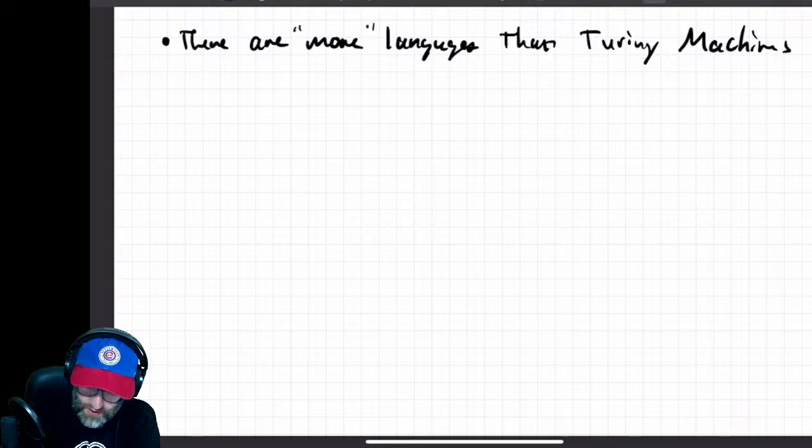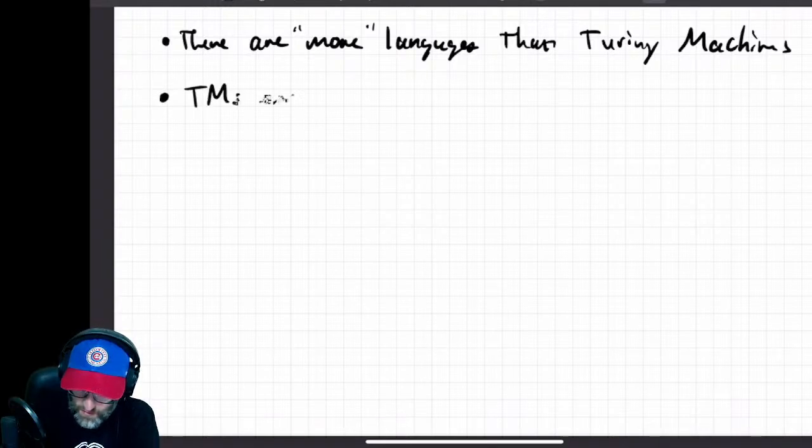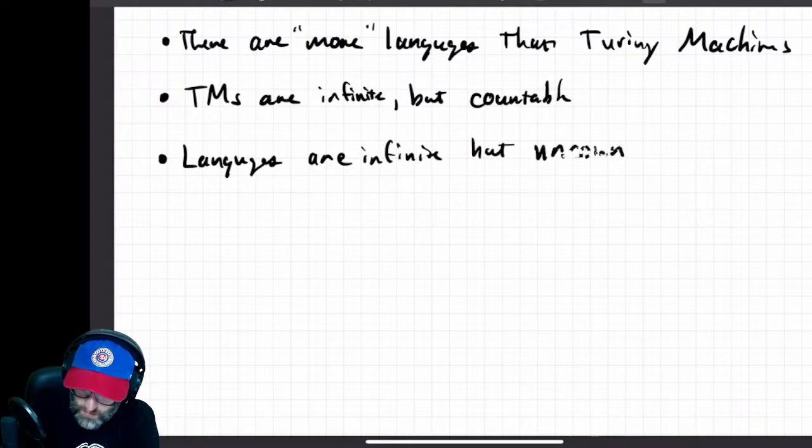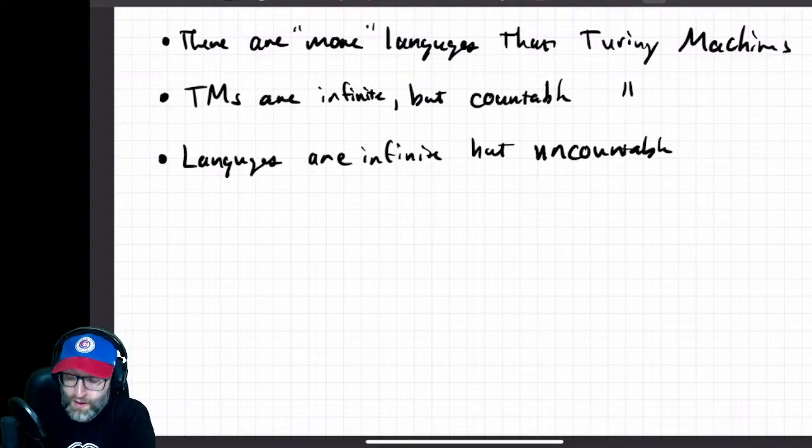The way that I'm going to show this is that Turing machines are an infinite number, but countable. Languages are infinite, but uncountable. So just as there are more real numbers than there are integers, there are more languages than there are Turing machines.